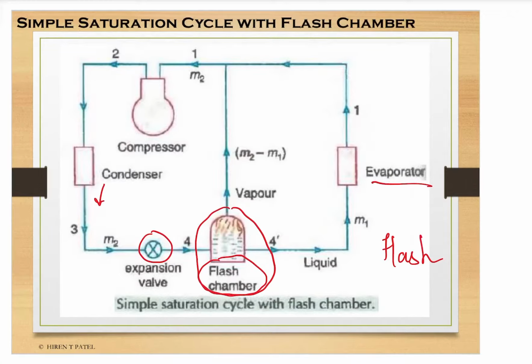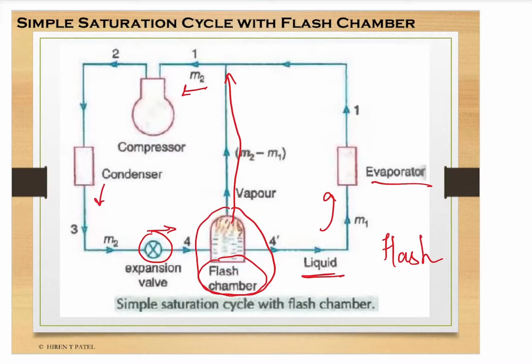The liquid refrigerant coming from the expansion valve that evaporated and converted to flash is directly transferred to the compressor, and only the liquid is transferred to the evaporator.